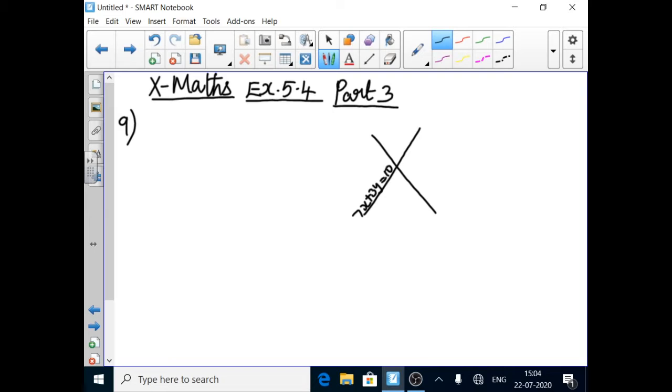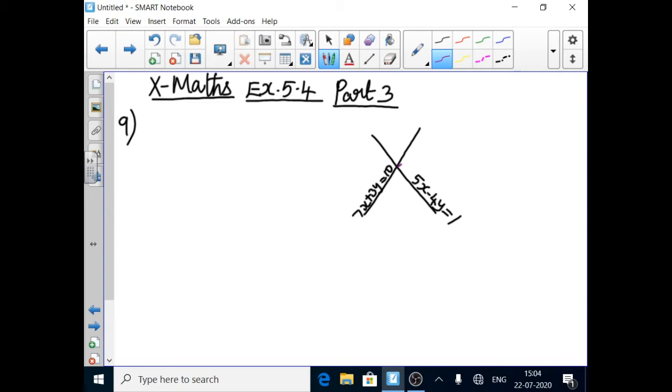The next line is 5x minus 4y equal to 1. These two lines intersect at a point, and this is the point of intersection.